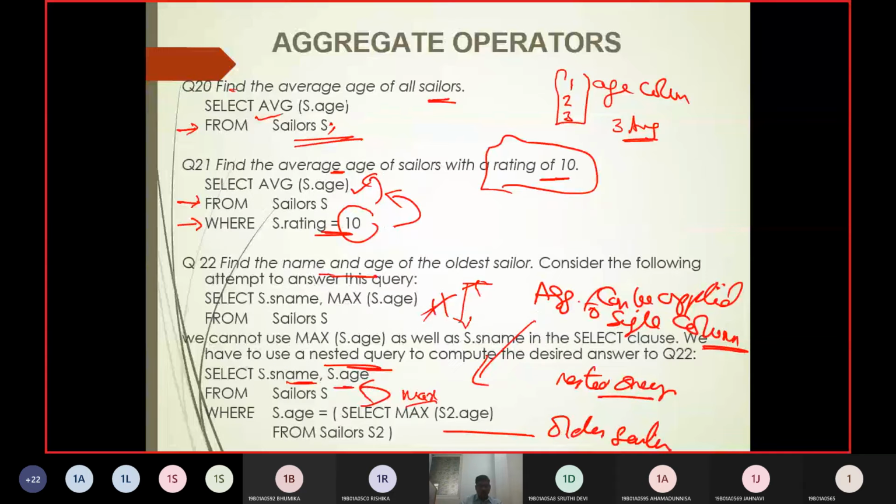So let us work on the 3 aggregate operations. First, in a simple way. Second, meeting up the condition. Third, doing it with a nested query in order to generate the age.